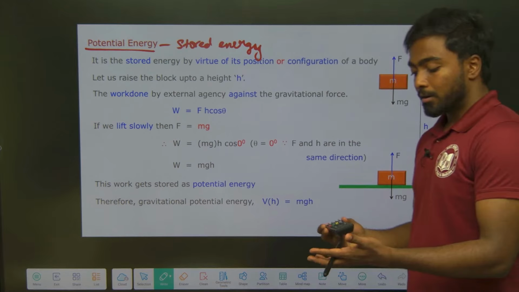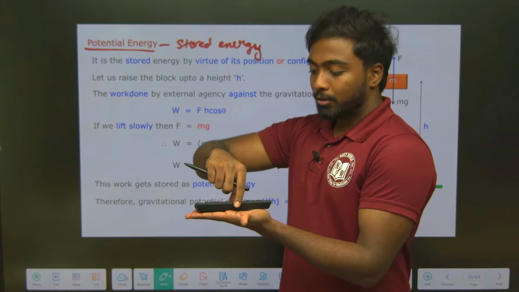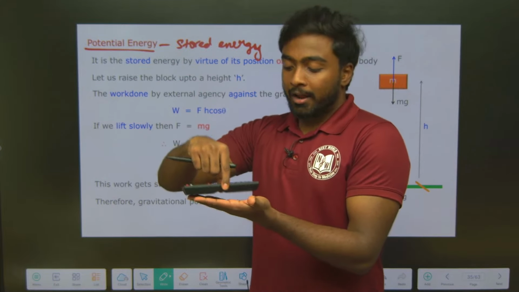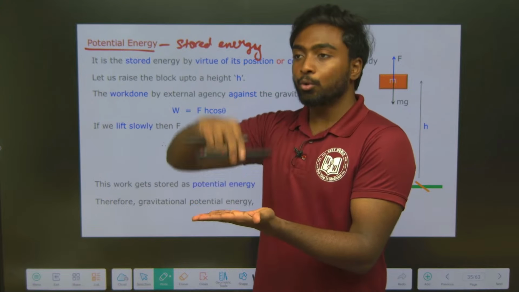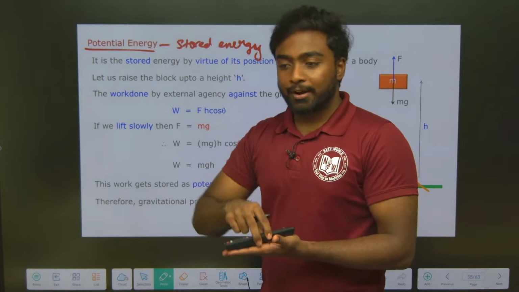For example, I am taking this remote from the ground level to some height h1, which is 10 meters. In the second case, I take the same remote to some height h2, 20 or 25 meters.